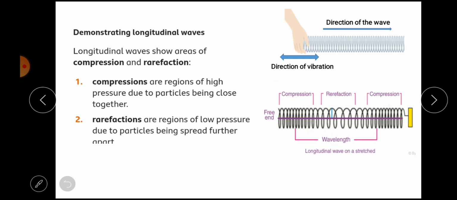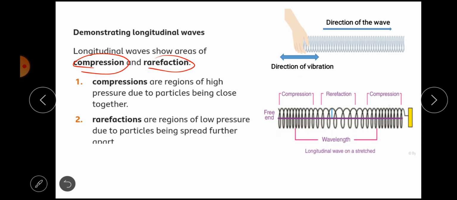So here, demonstrating longitudinal waves shows areas of compressions and rarefactions. When the slinky spring is being pushed forward and backward, we are going to get compressions and rarefactions. What are compressions? Compressions are the regions of high pressure due to particles being close together.